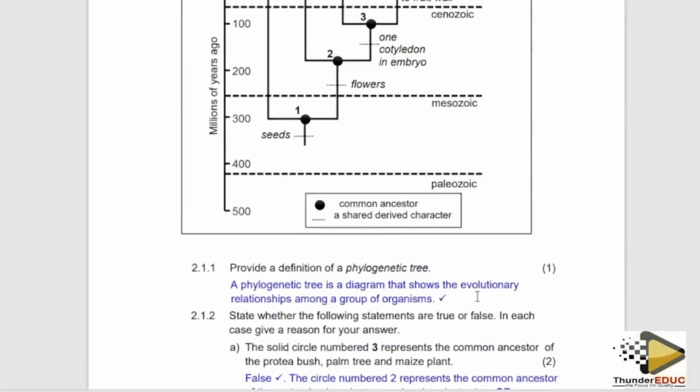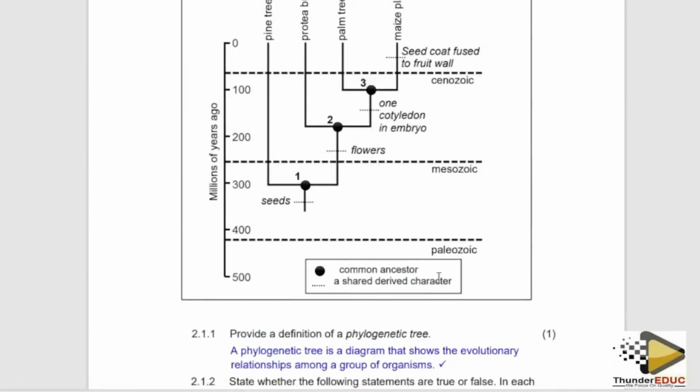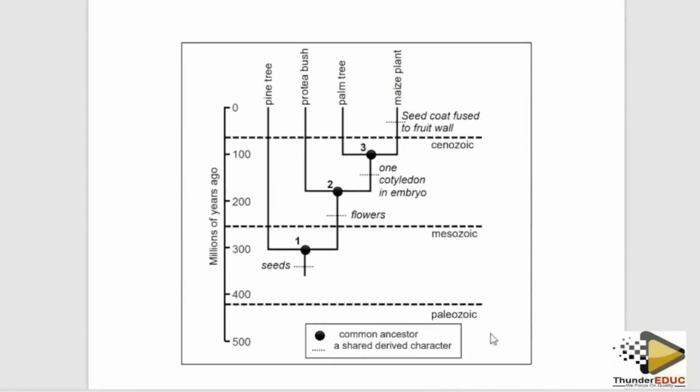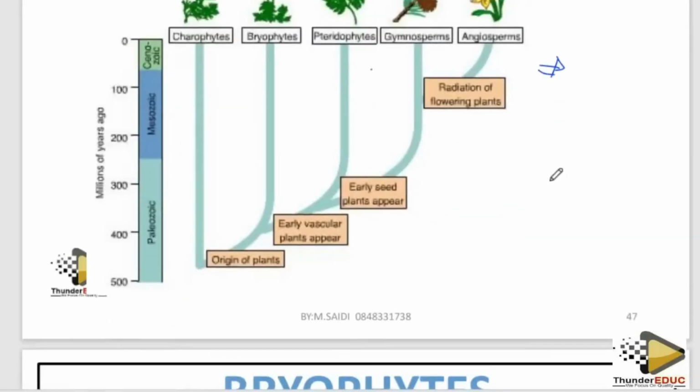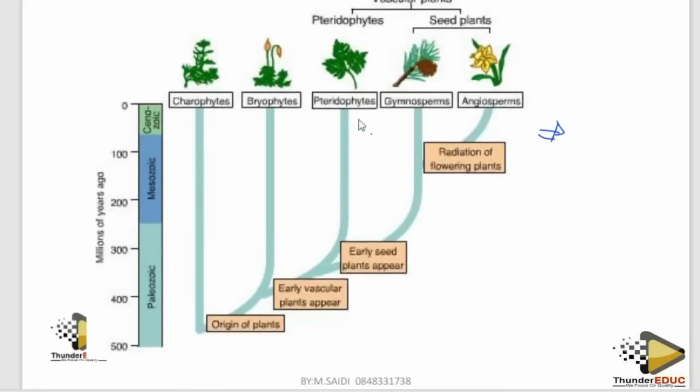Then here we are finding: state whether the following statement is true or false. Here they give you questions, but they're going to ask you to find the common ancestor of this, or which one. For example, let me show you here, because some people don't know how to use this phylogenetic tree. This one is the common ancestor of all, meaning that all these ones came from this.